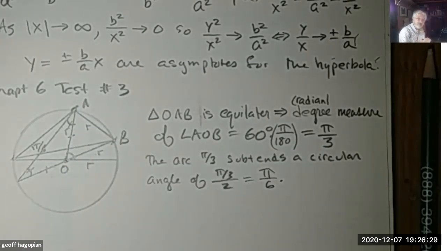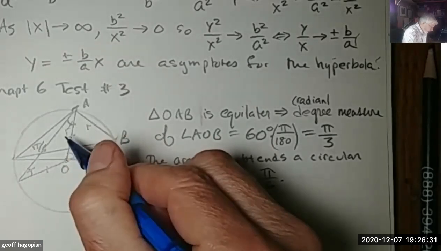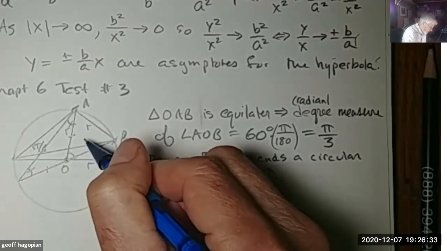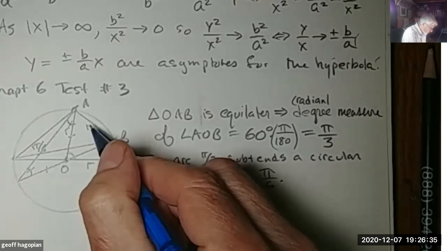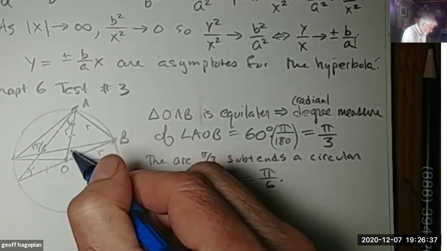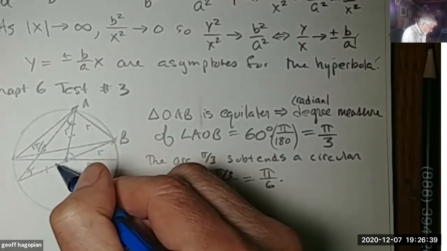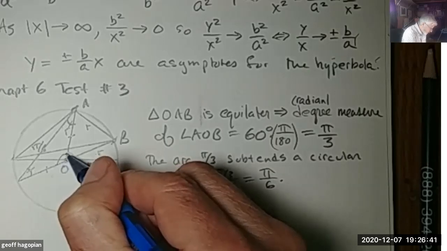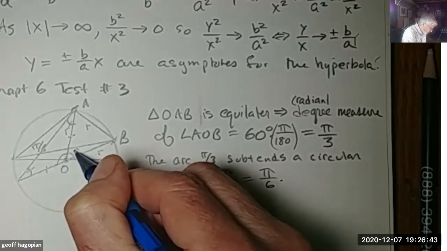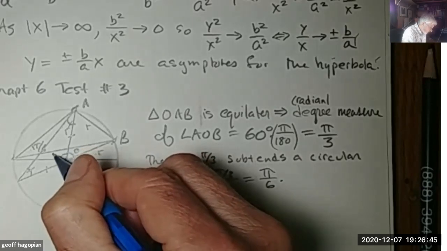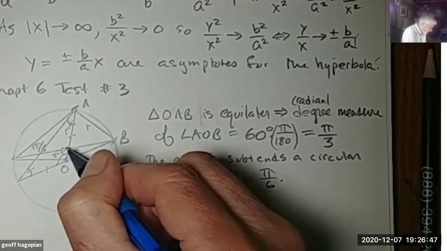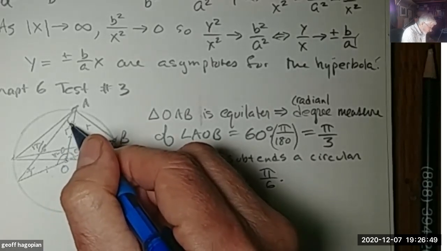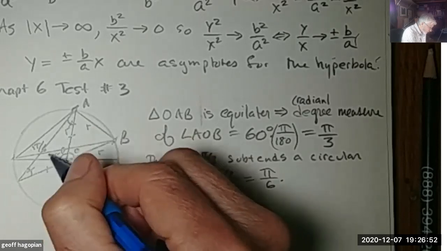And so whatever angle theta is here, this is going to be pi minus theta. And it's also pi minus these angles over here.